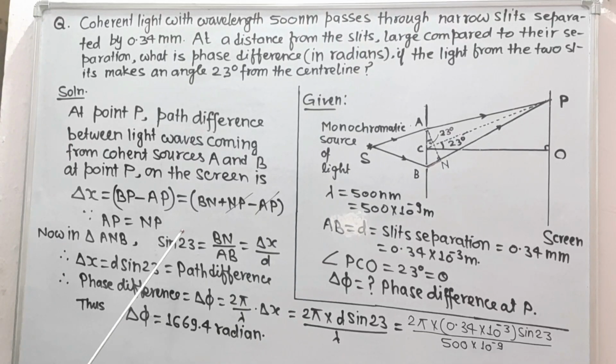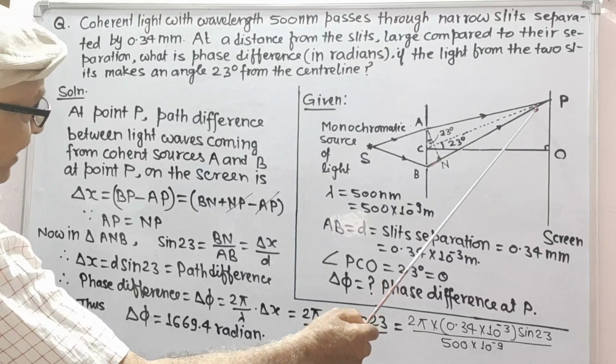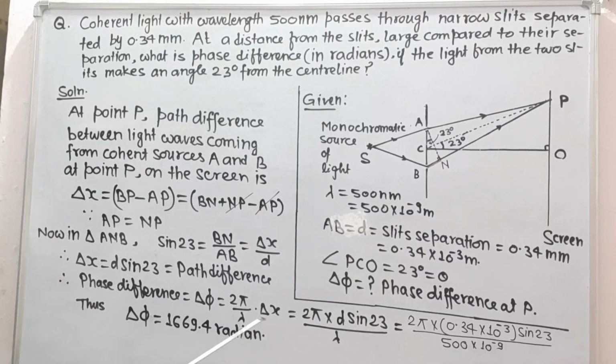Therefore, sin 23 will be equal to delta x upon d, which gives delta x as d sin 23, which is the path difference between the two waves coming from point B and point A at point P on the screen. Now we know phase difference delta phi is equal to 2 pi upon lambda times path difference.